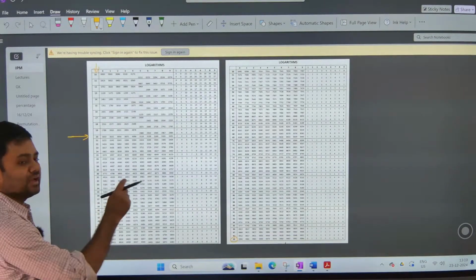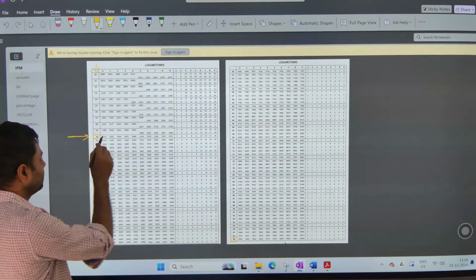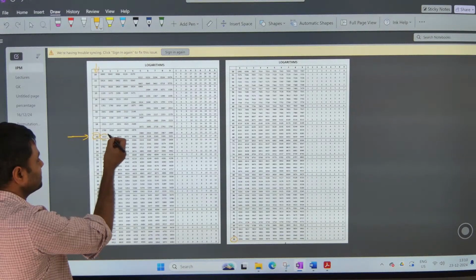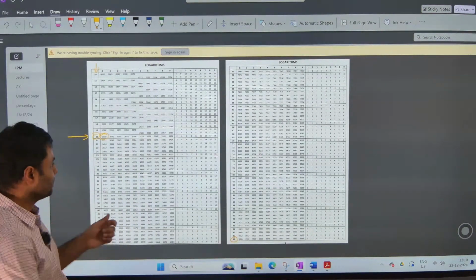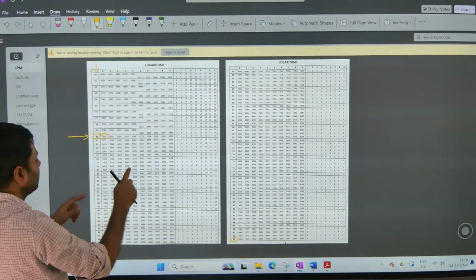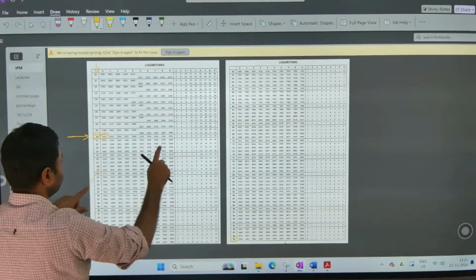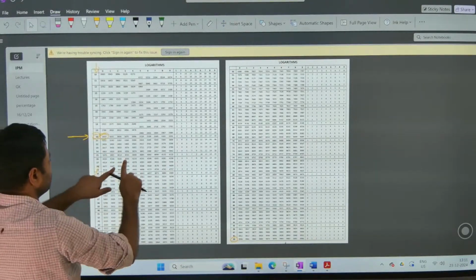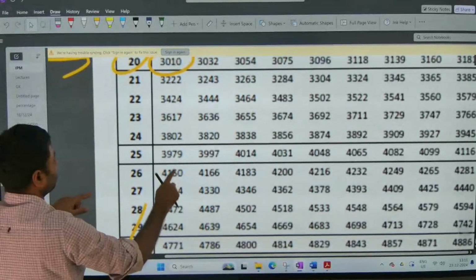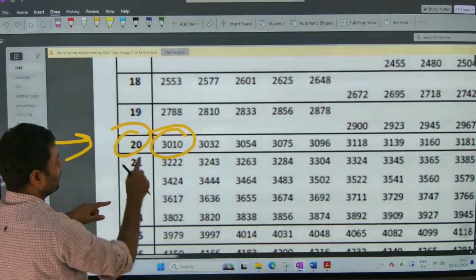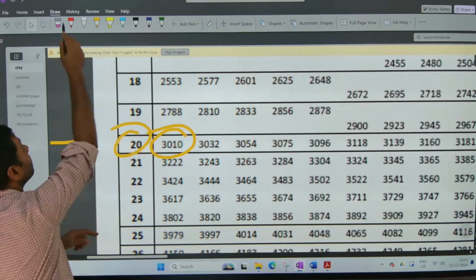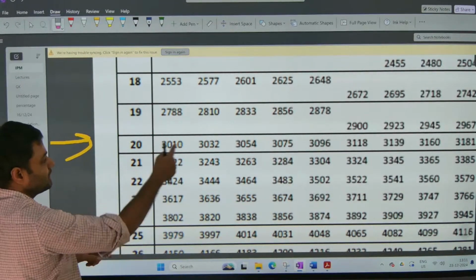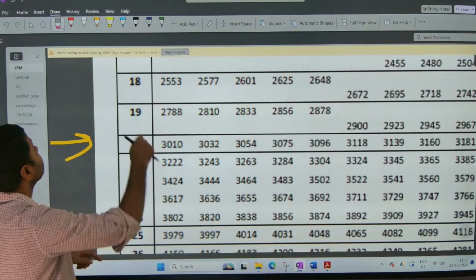So here we don't have 2, but we have 20. In front of 20, what we have? 3010. Probably you will not be able to see this in this video. This is very small. I can think of expanding it, but still. So here we have 20 and here we have 3010. So the value of log 20 can be written as 3010, right?